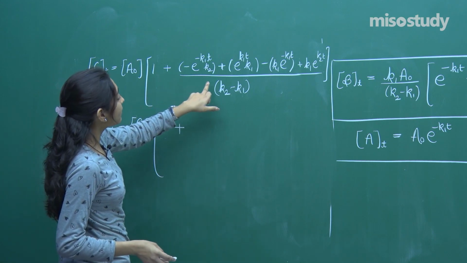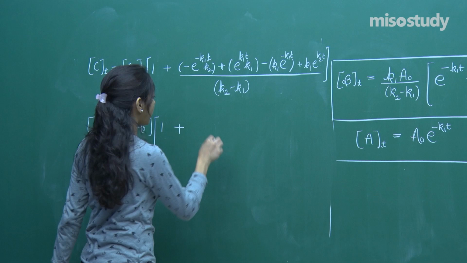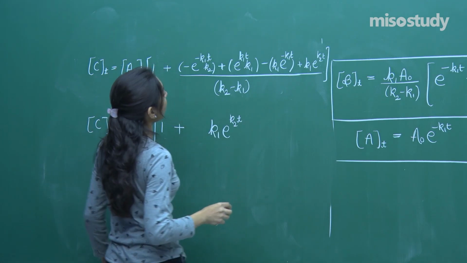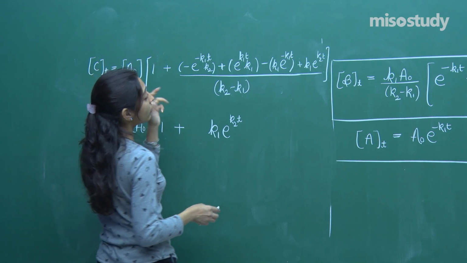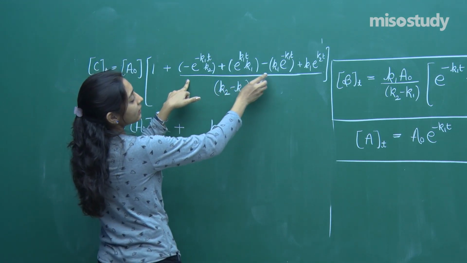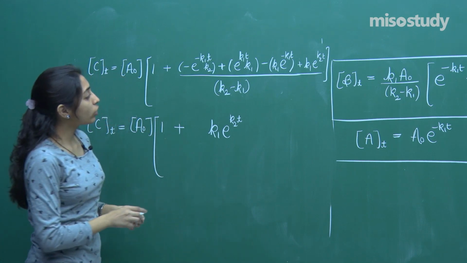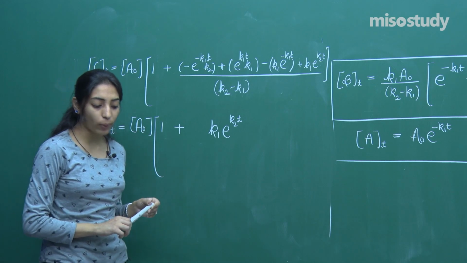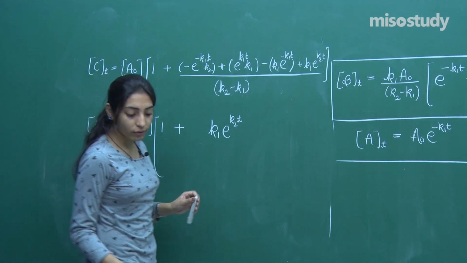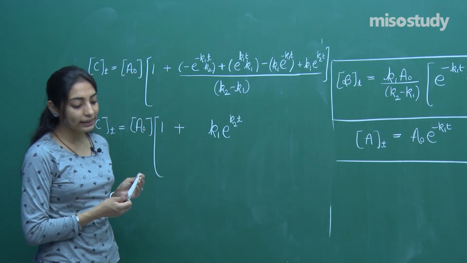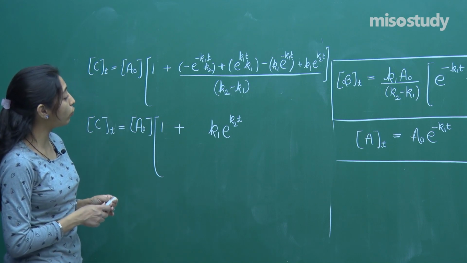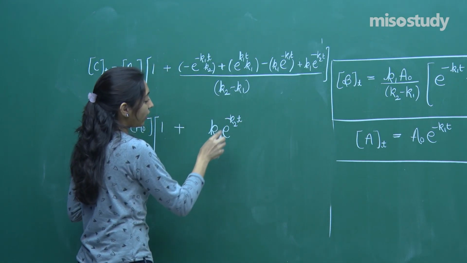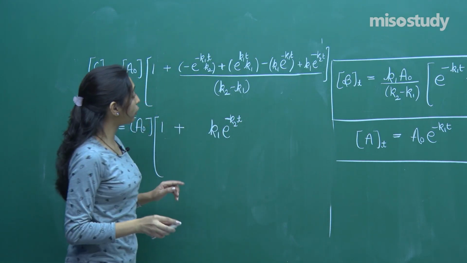Now see, this is K1 e raised to the power minus K2T, and this is K1 e raised to the power minus K1t, and this is K2 e raised to the power minus K1t. So when you solve it further, what will be the final value that you will be getting? You will get K1 e raised to the power minus K2t.